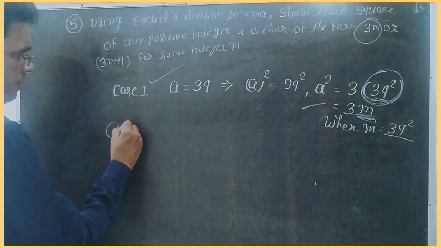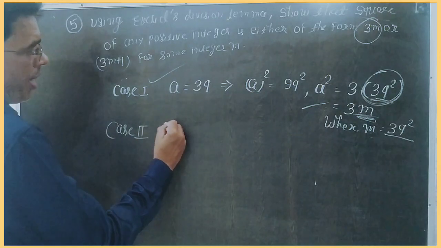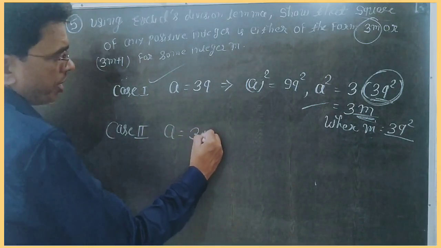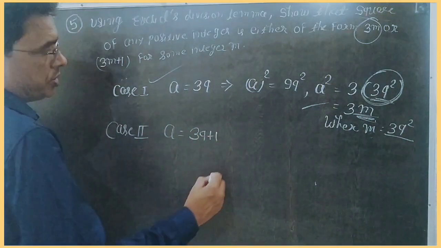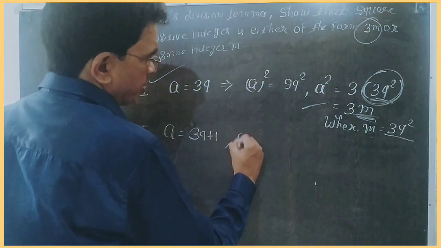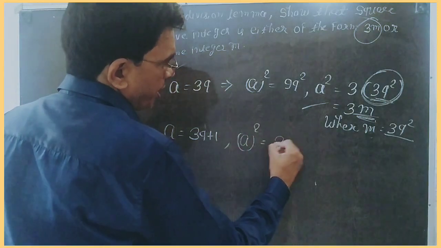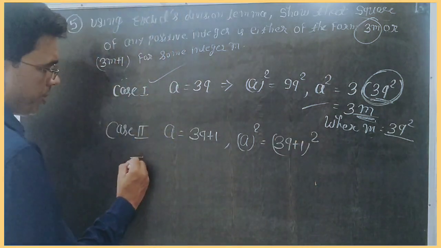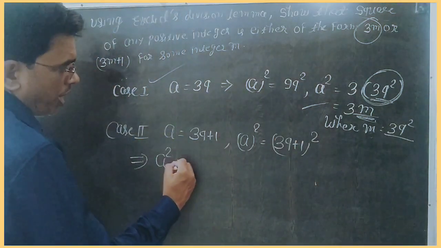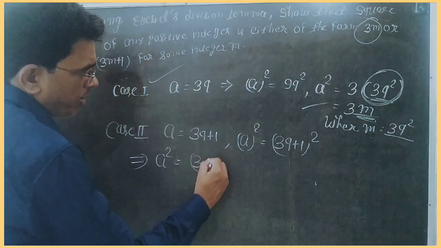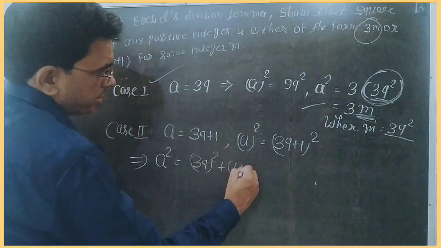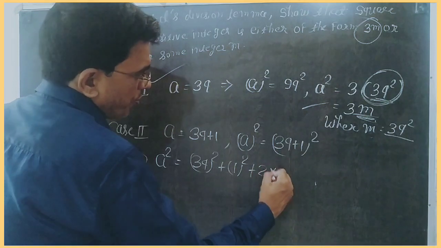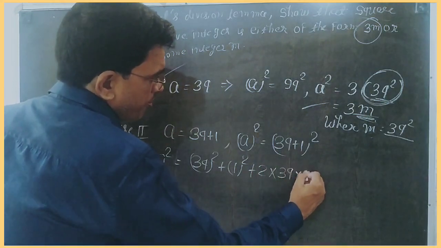Similarly, case second. Now a is equal to 3q plus 1. So a square is equal to (3q plus 1) whole square. What do you get? a square is equal to a square plus b square plus 2 into a into b.